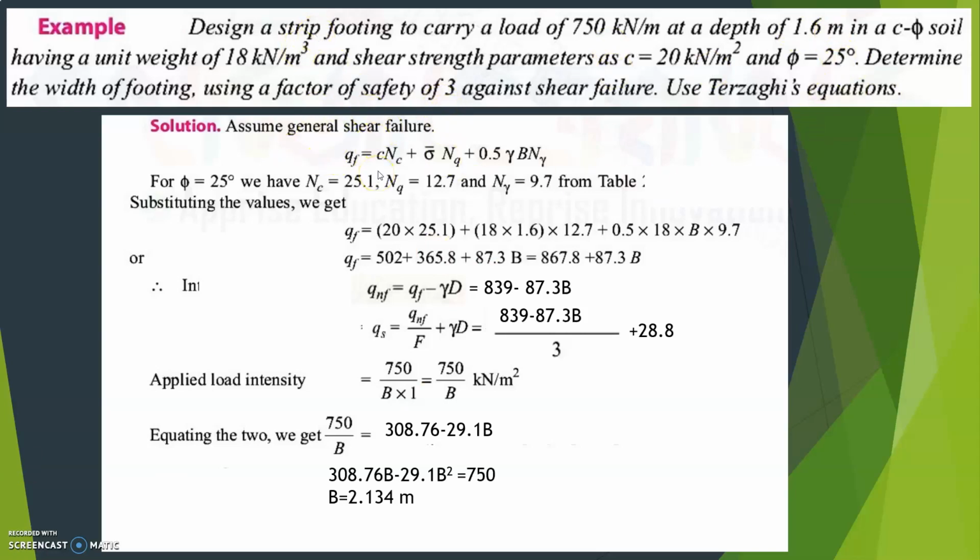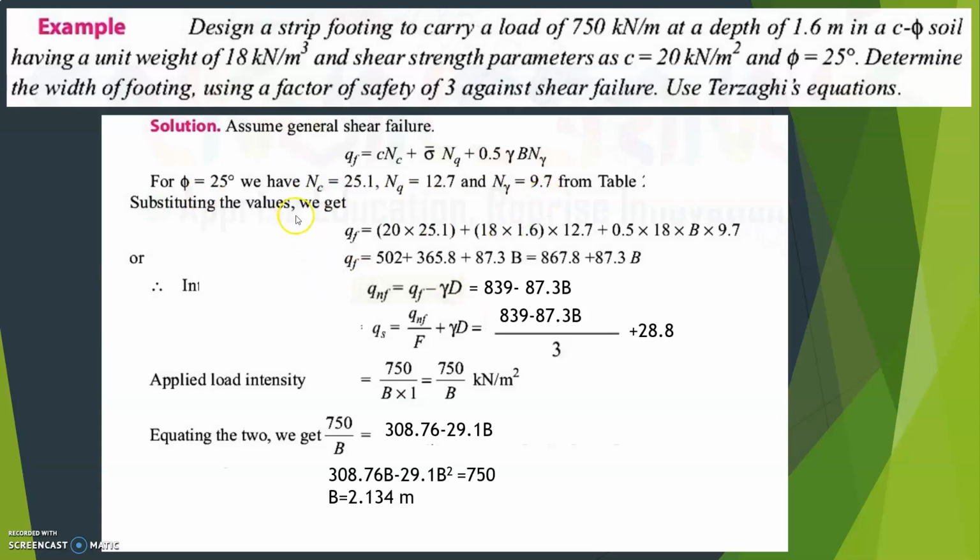So formula is QF is equal to C NC plus sigma dash, or gamma D NQ, plus 0.5 gamma B N gamma. Right, so here take NC, NQ and N gamma values from the table for phi is equal to 25 degree. So you will get NC is equal to 25.1, NQ is 12.7 and N gamma is 9.7.